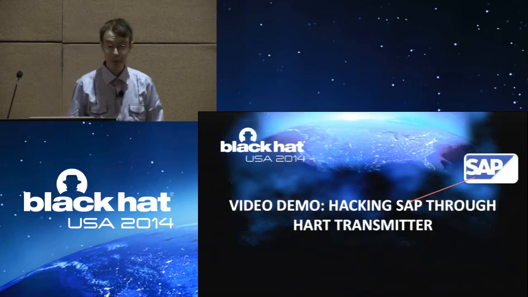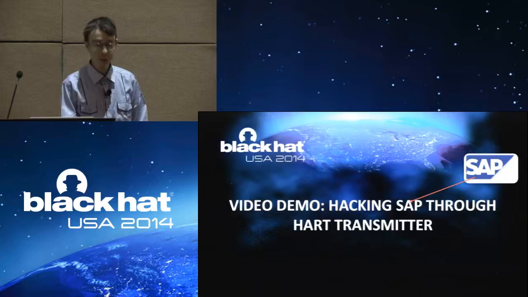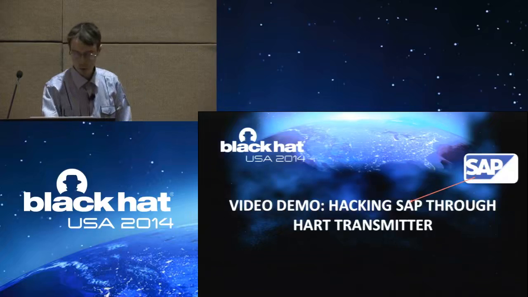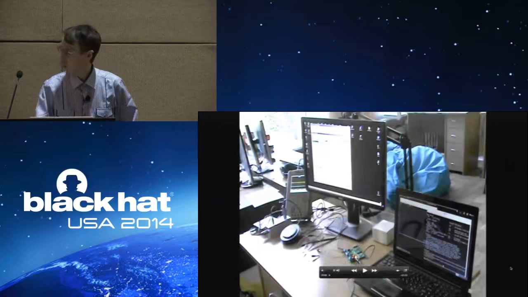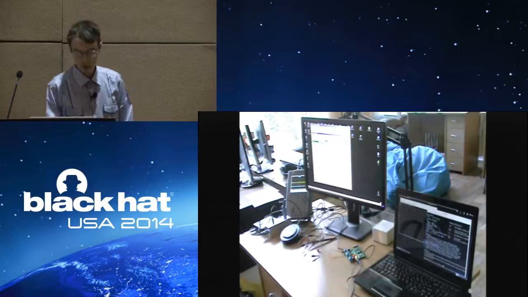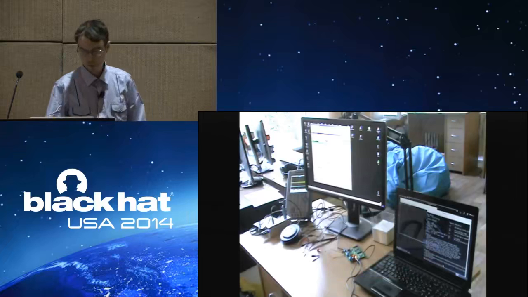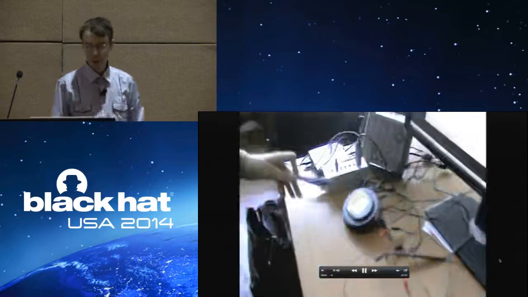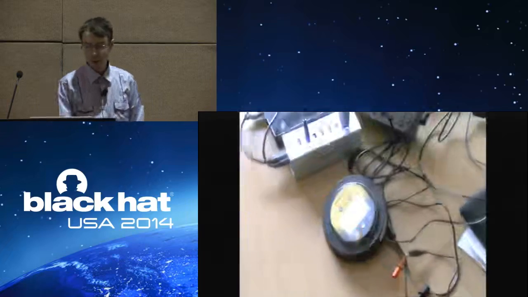Okay, video demo: how to hack SAP through the HART transmitter through the analog protocol. Here is my lab, and you can see the HART transmitter. It's without case. It's a gas analyzer.